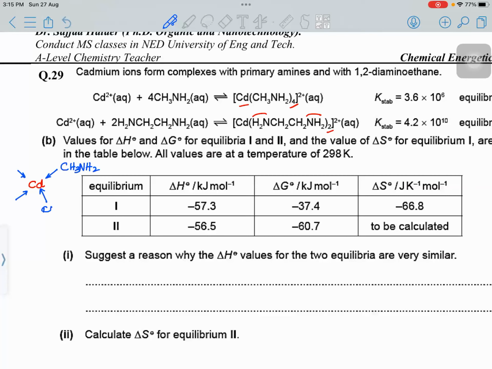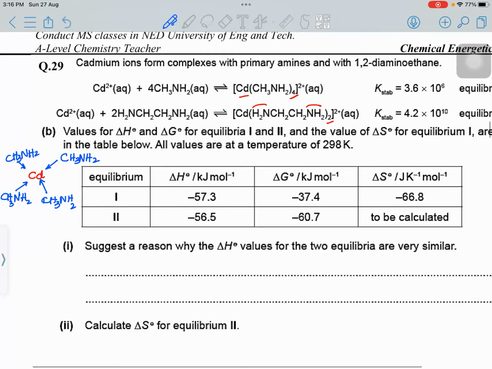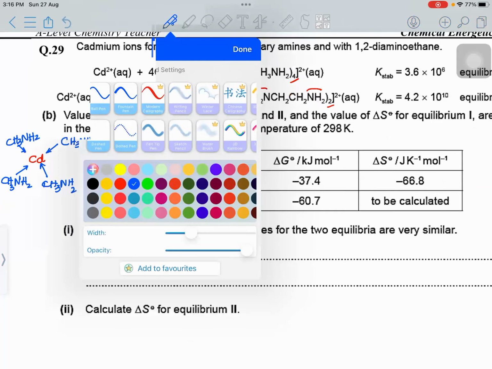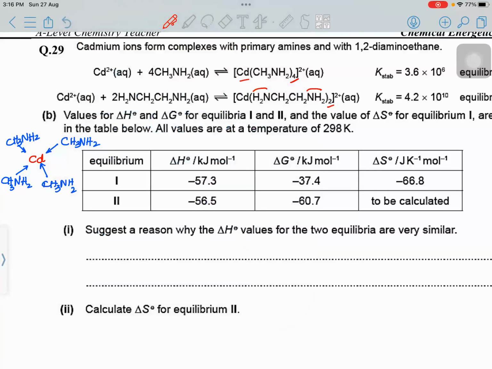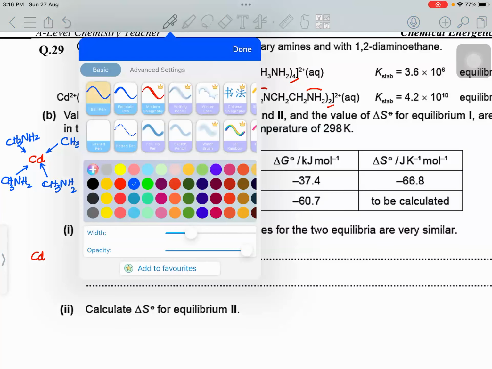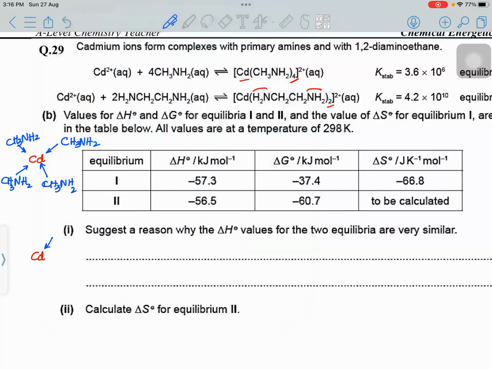So now you can see that there are 4 bonds. Similarly, in the next one, you have cadmium. Again, you have 4 bonds.